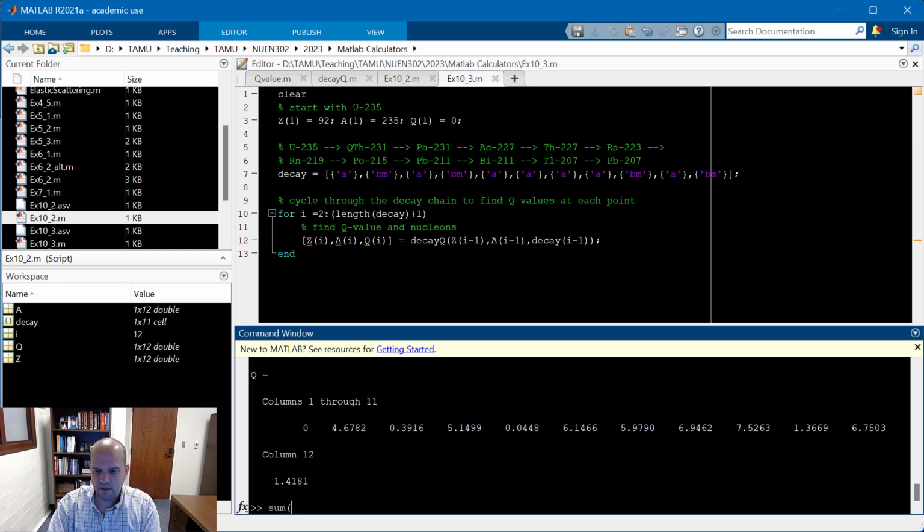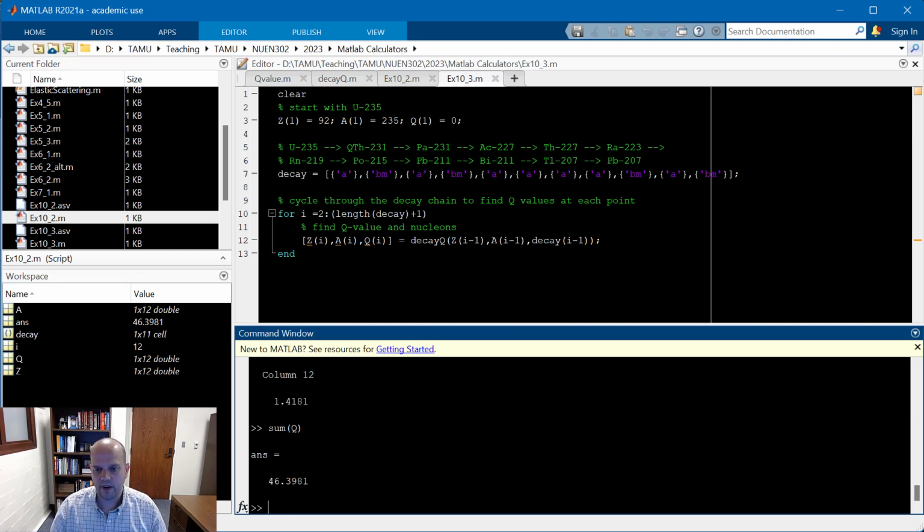But I could take the sum of that whole vector and find out my total Q value there is 46.398. And again, that's going to happen over many years, but that's that one atom of uranium-235 as it goes through all these decay processes and becomes finally an atom of lead-207, then I have released this much energy, 46 and some change MeV.